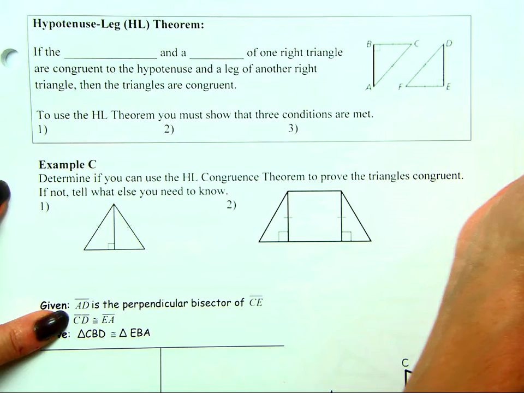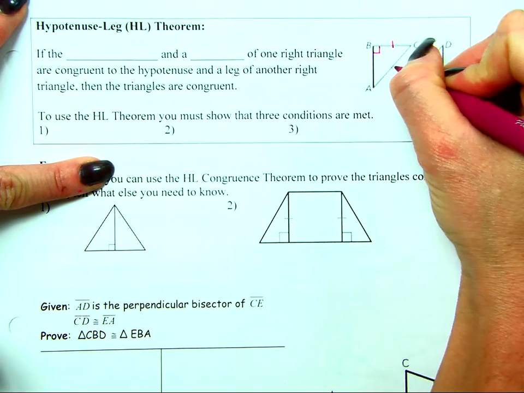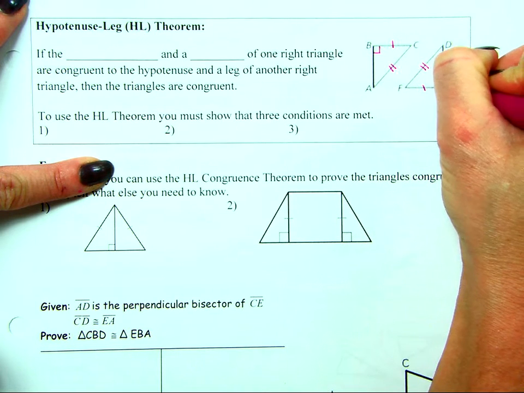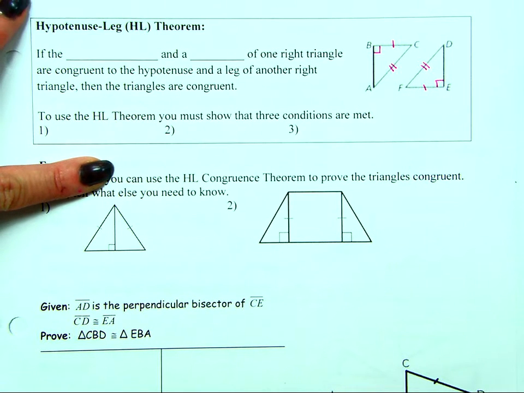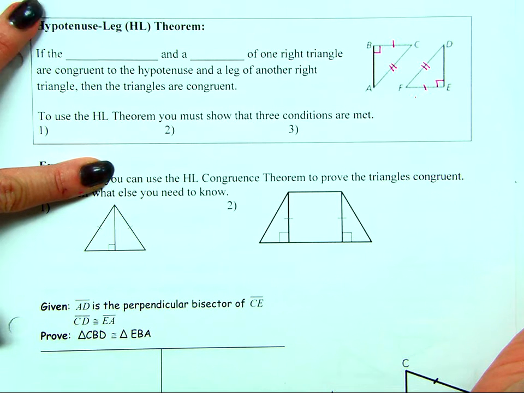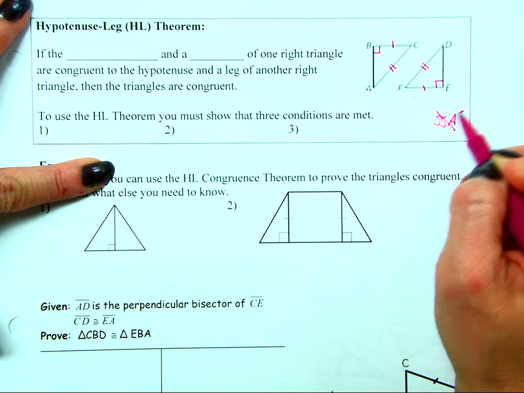I'm going to go ahead and make my markings a little bit darker on this diagram so that you can see them a little bit easier. Previously, we had said that the side-side angle shortcut will not work to prove triangles congruent. So we cannot use side-side angle.